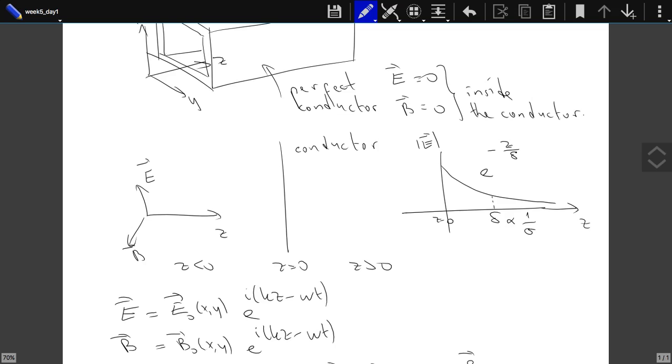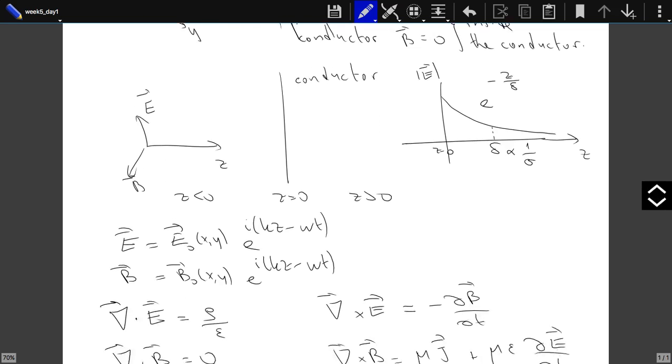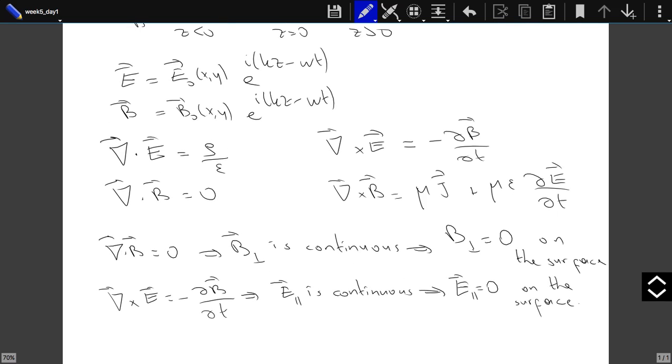And since we are assuming that the initial value is 0, it will stay 0. We won't be able to add a magnetic field inside our perfect conductor. And since inside the magnetic field B perp is 0, just outside on the surface of the perfect conductor, B perp is 0.